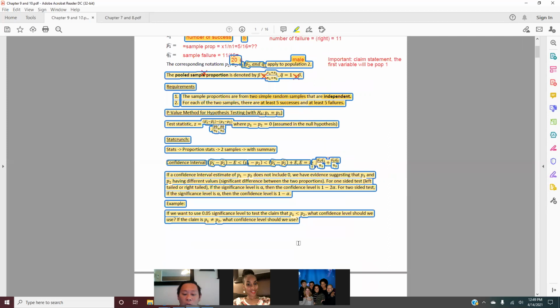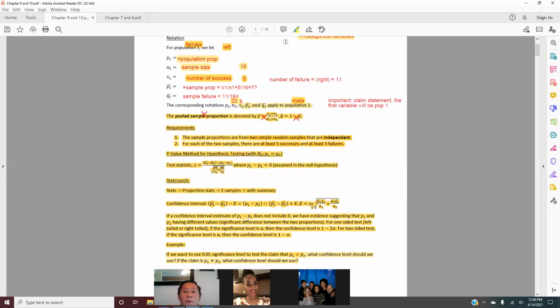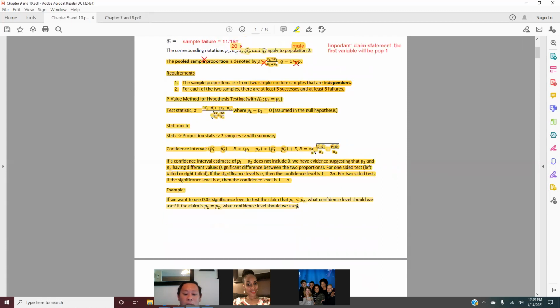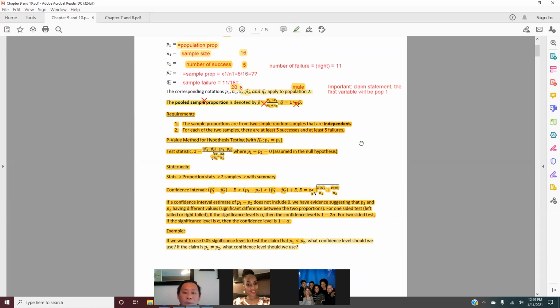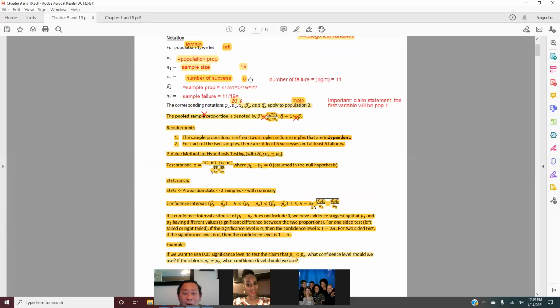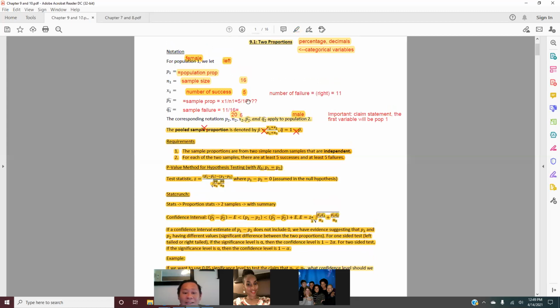Oh my goodness, undo it. Okay, making it worse. So the female count is 5 girls that are left-handed and male is 6. So that is at least 5 successes and at least 5 failures. That is the second requirement in this case. So there are only 2 requirements.